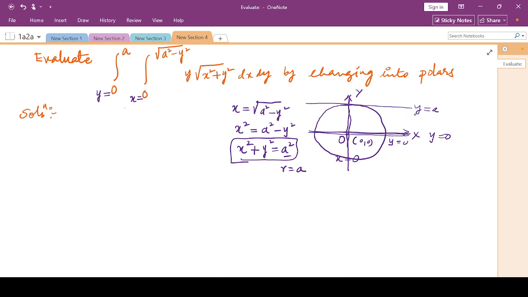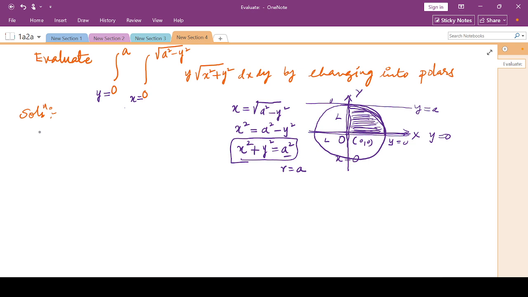We don't want the area between these two lines only, so on the left side it starts with x equal to 0, and the right side means a curve. The curve is a circle, so we need to integrate over the first quadrant of a circle. We need to find the area of the first quadrant of a circle.